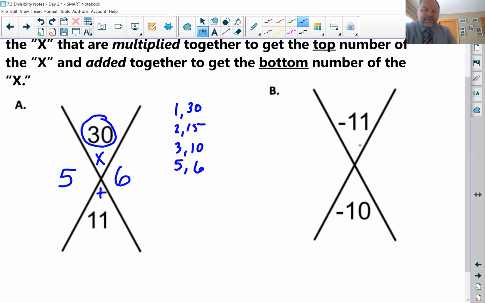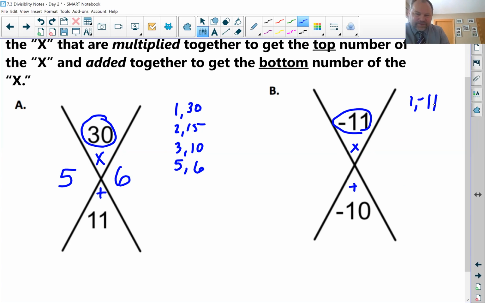Multiply to negative 11 and add to negative 10. So one has to be positive, one has to be negative. And actually, because they add to a negative number, I know that my larger factor has to be the negative one. So 1 and negative 11 multiply to negative 11.